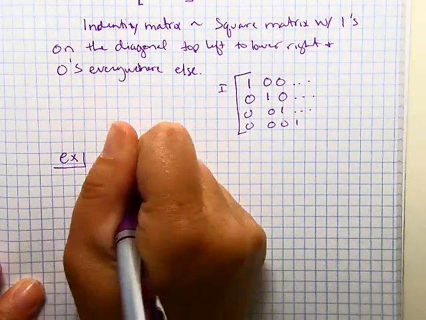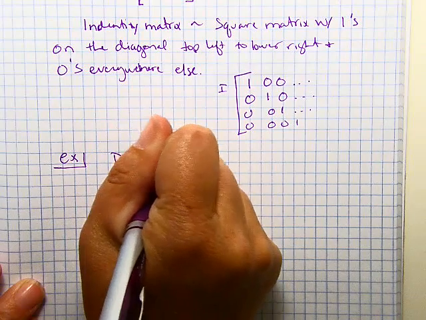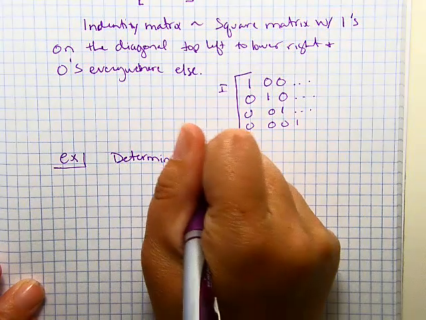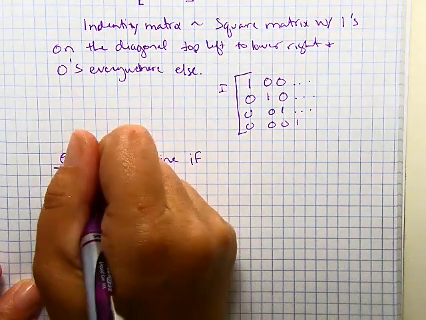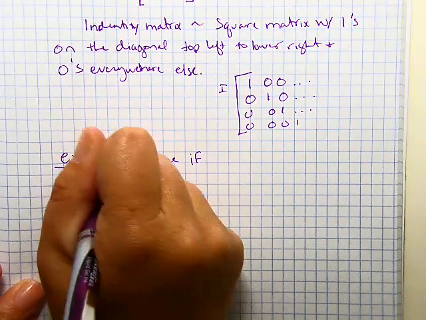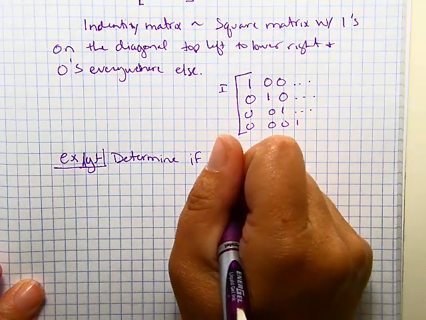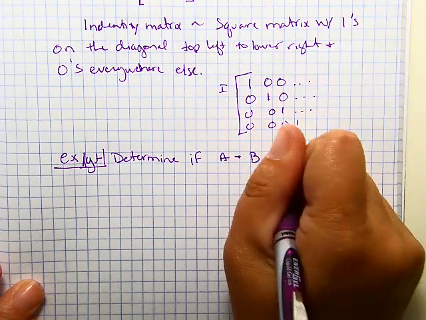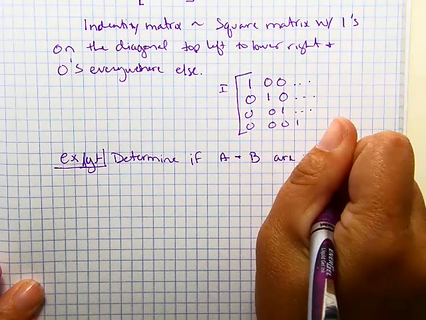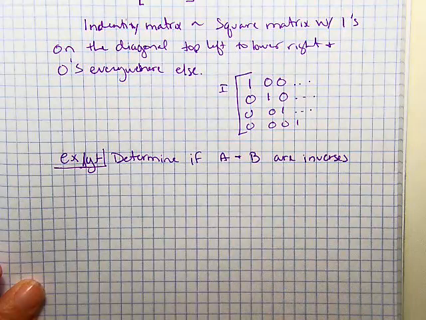So example, I'm just going to make this example your turn actually. Determine if A and B are inverses of each other.